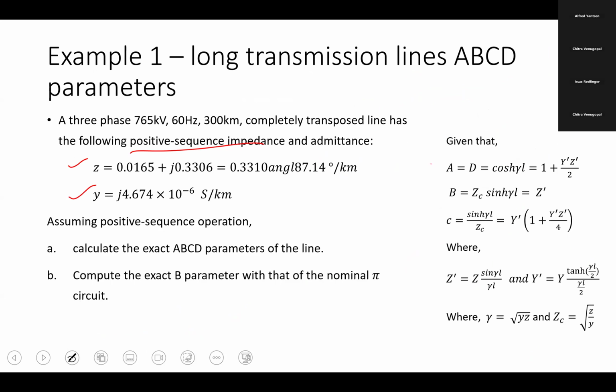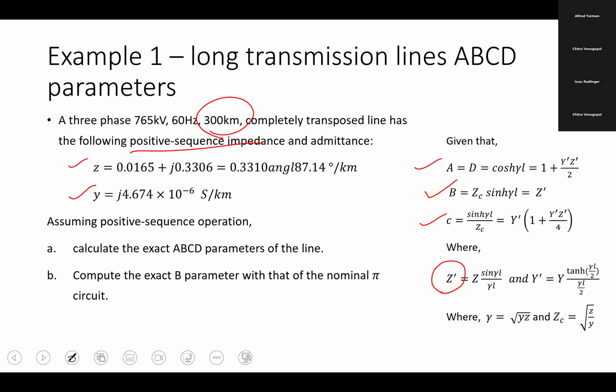A and D are given like this and B is given like this, and this is talking about 300 kilometers. So it's a long transmission line. You can take the ABCD equations from the long transmission line derivation and calculate the values. From this you can calculate the Z. You need to know what Y prime and Z prime are.